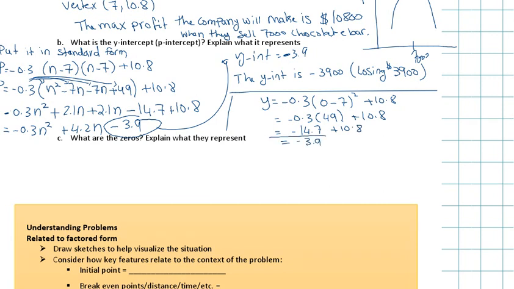Which is probably an easier way, but at the same time, you would need the standard form to be able to answer the next one. So you should know how to do both.